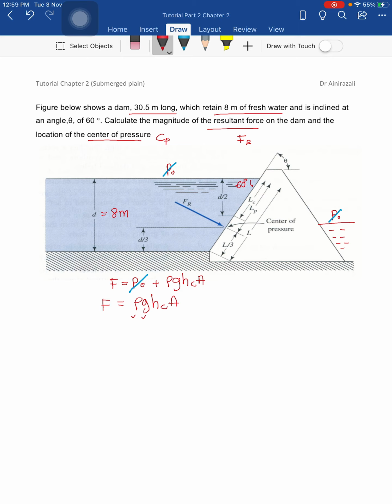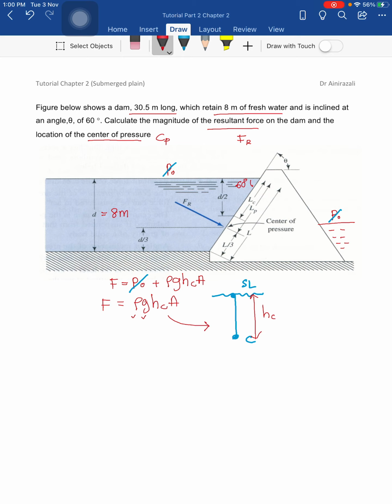H centroid is the vertical distance between the center of the object and the surface of the liquid. So here is your center, here is your liquid surface, and your H centroid is here.